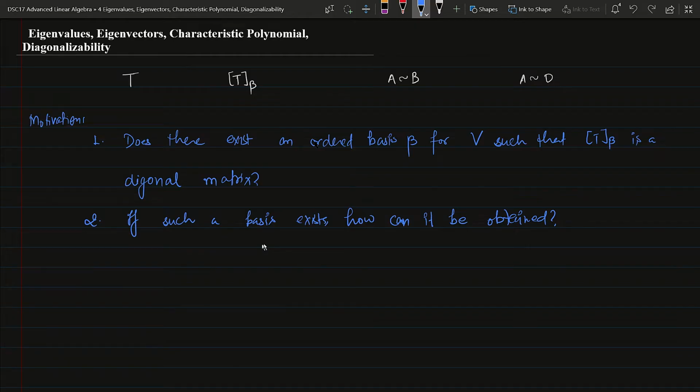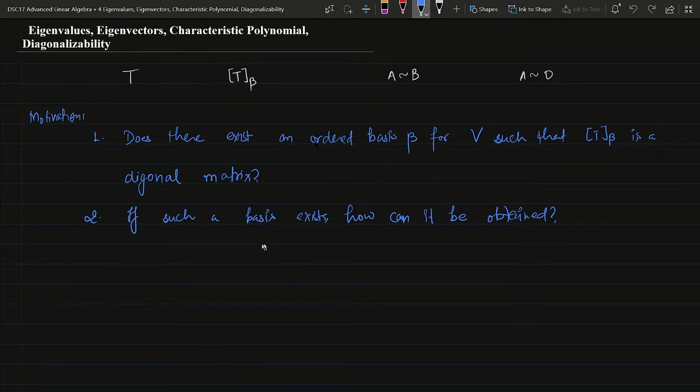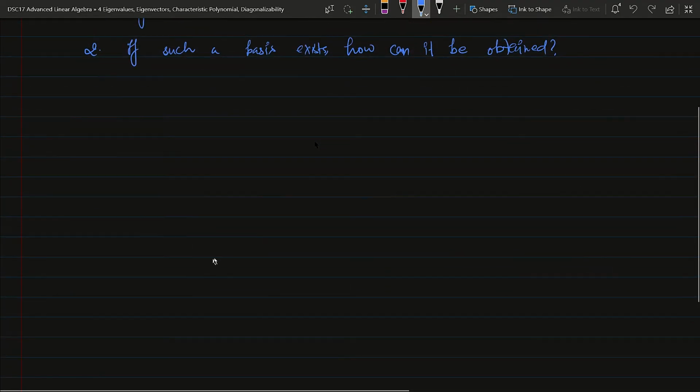First of all, let us identify the definition of a diagonalizable operator. When will we call an operator diagonalizable? Let us start with the definition.